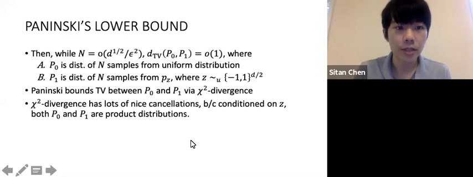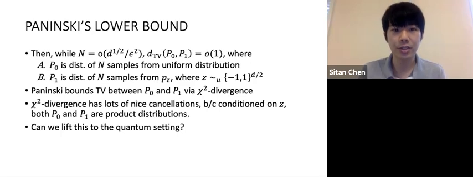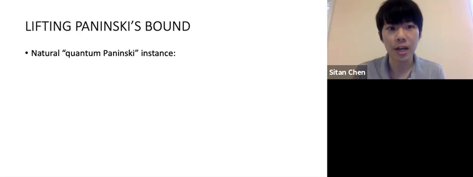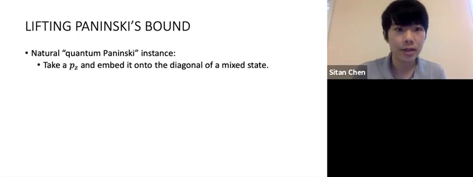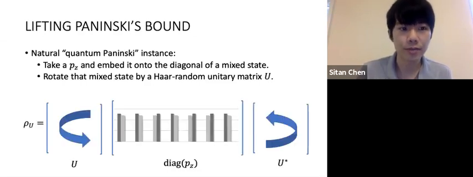Okay? And so the driving question behind the analysis is, can we lift this kind of calculation to the quantum setting? There's a very natural quantum analog of the Paninski instance, which is that you take a Paninski instance and you embed it into the diagonal of a mixed state, and then simply randomly rotate that mixed state. So in linear algebra terms, it's nothing more than the following matrix.